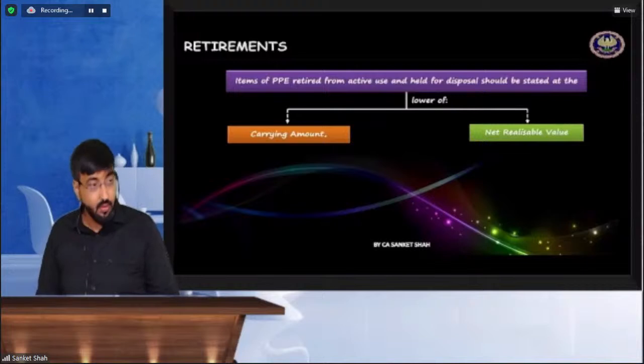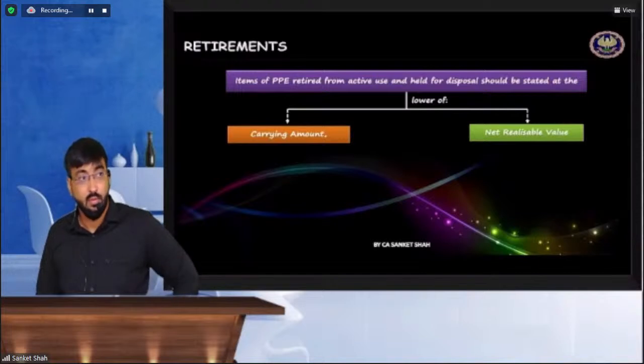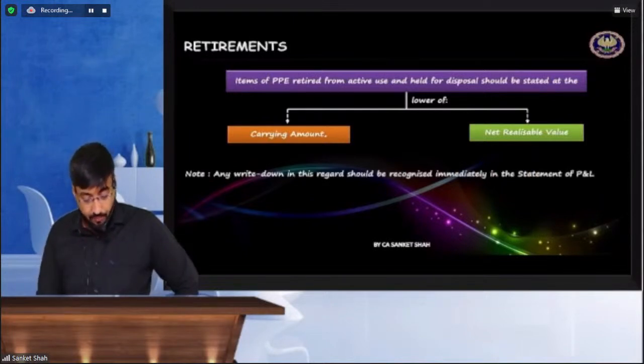So carrying amount you must have understood. Next one: any written down value in this regard is recorded in the profit and loss account.